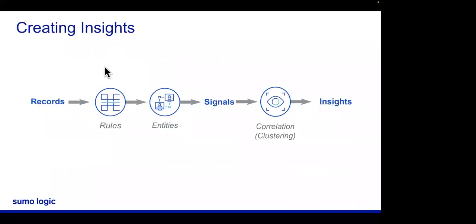Now, the third thing that you can create in here is a custom insight. Remember what a custom insight is. An insight is generated when I have records that generate signals and the value of those signals is greater than or equal to 12 over a 2-week period of time.